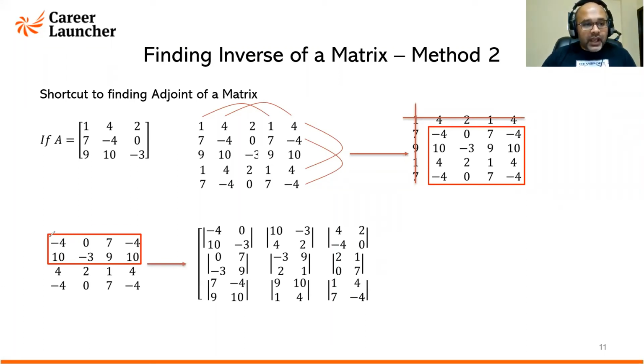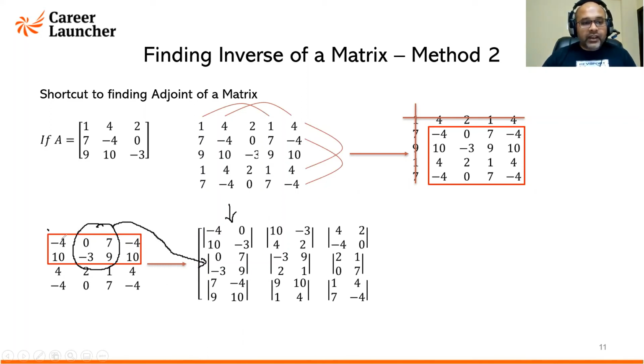If you notice, I will write this as my first element. Right? I will write the determinant of minus 4, 0, 10, minus 3 as my first element. Then, if you notice what I am doing, I will take the next set of 4 like this: 0, 7, minus 3, 9. But I am going to write it vertical, not horizontal.